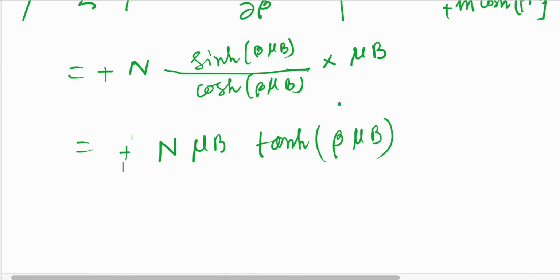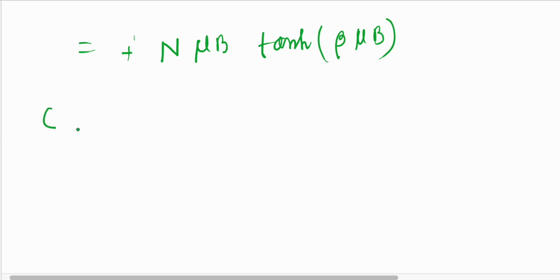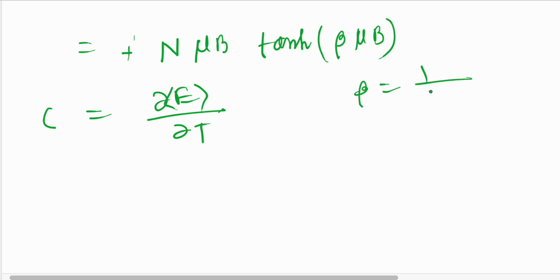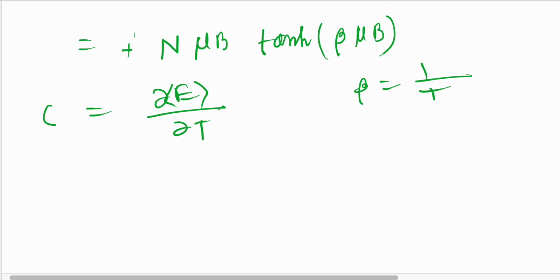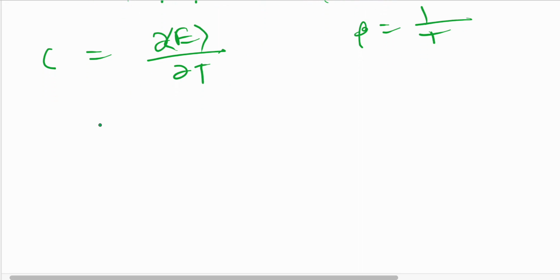Now what is the specific heat? C is equal to del E by del T, and we know that beta equals 1 by kT.